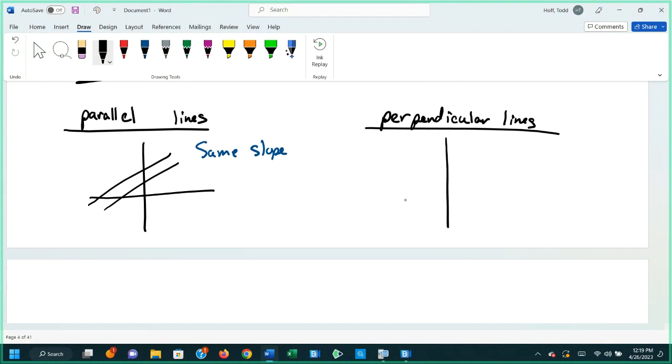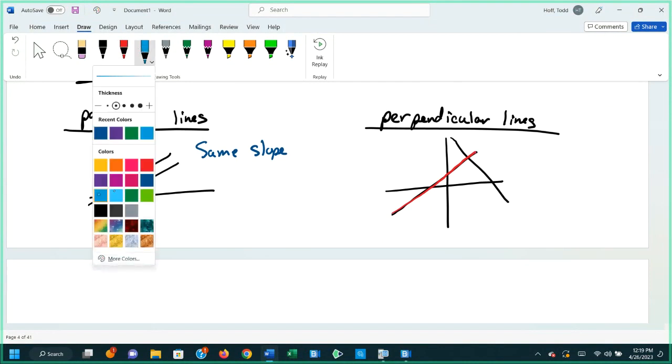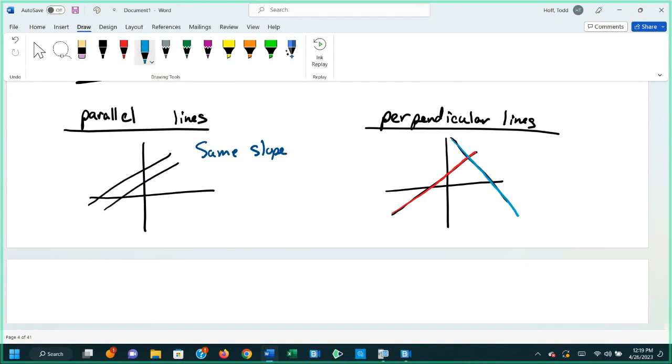Perpendicular lines are a little more complex. We can find two things though. If two lines are perpendicular, first thing we know is if one of them has a positive slope, the other one has a negative slope. So that's what we call opposites. One positive, one negative.